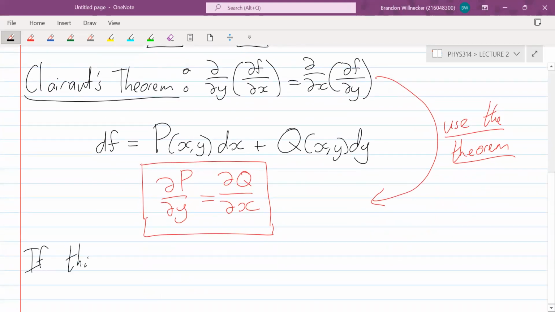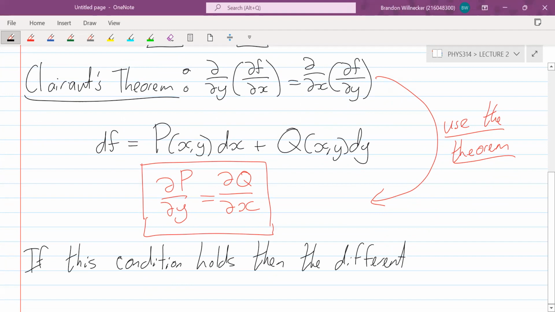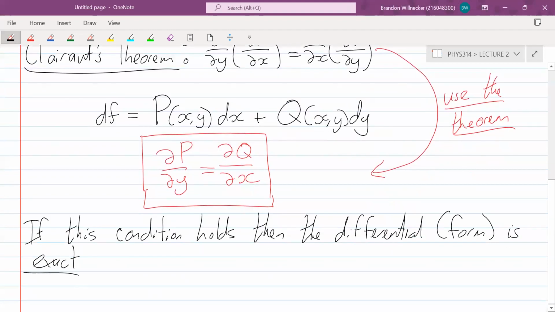So if this condition holds, then the differential, sometimes called a differential form, is exact. If it does not hold, it is inexact.